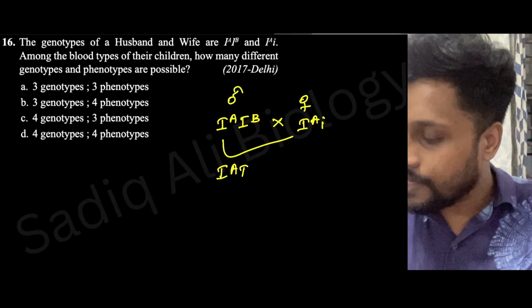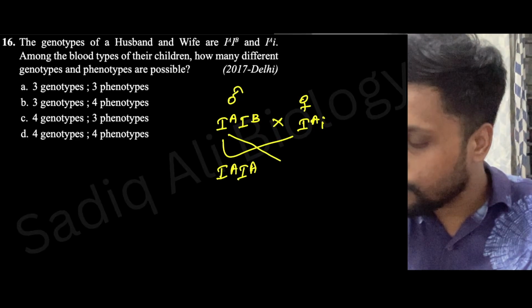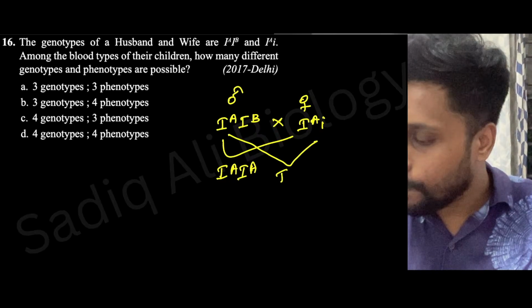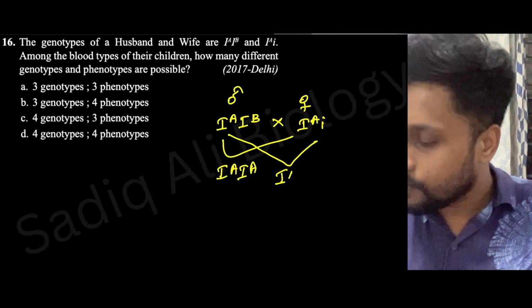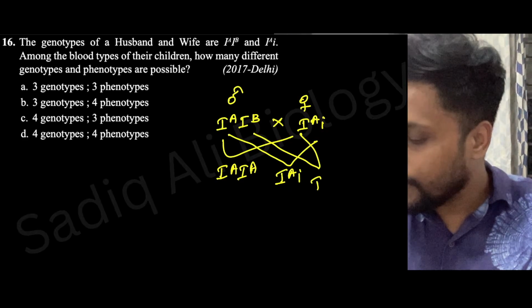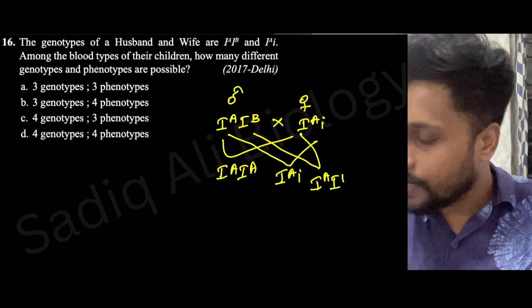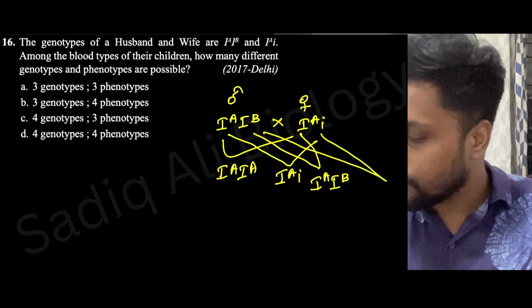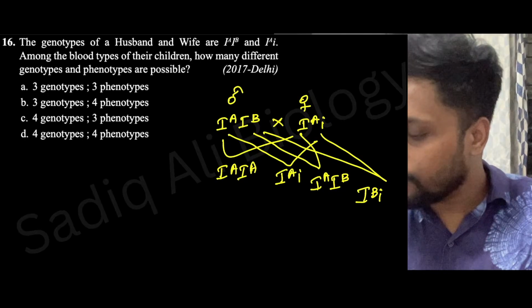IA, IA. Another cross, IA, small I. Now another cross, IA, IB. And another cross, IB, small I. Correct now?